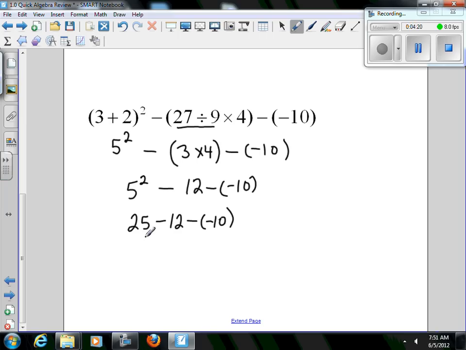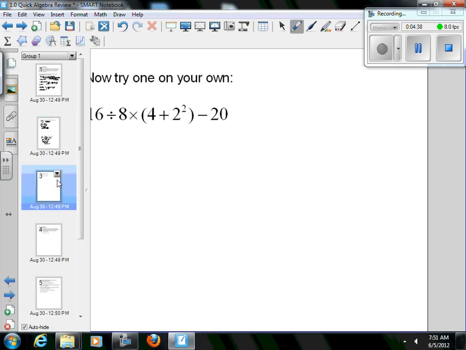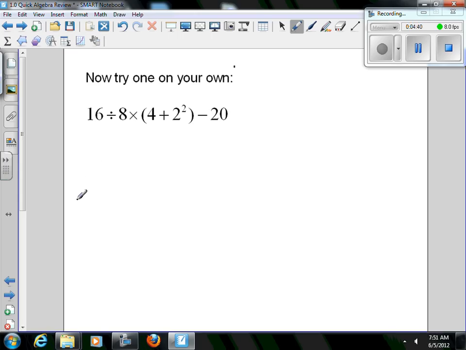Subtraction or addition, we do left to right, so 25 minus 12 gives us 13, minus negative 10. You probably remember two negatives together like this. If you're subtracting a negative, it makes a positive. So you have 13 plus 10, which gives you 23. Now moving on to the next problem. I'd like you to try this one on your own and see what you get. We can check that in class.